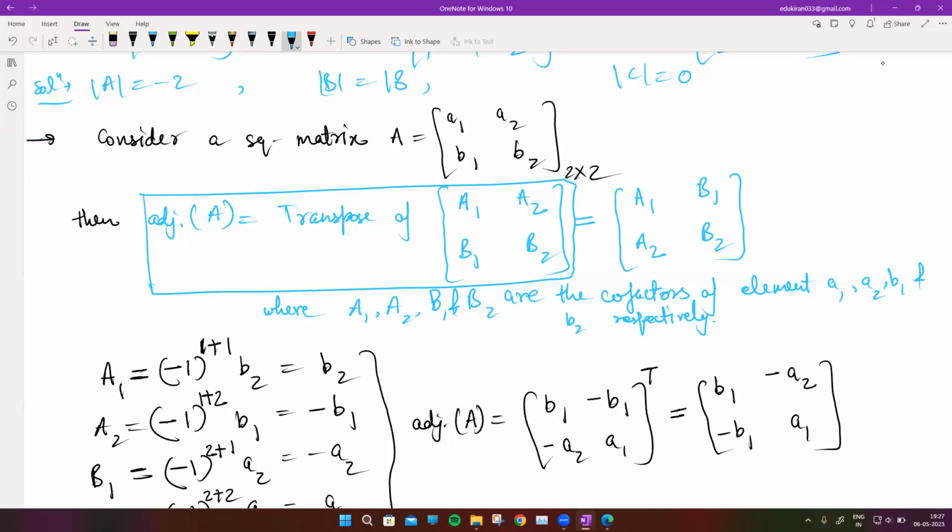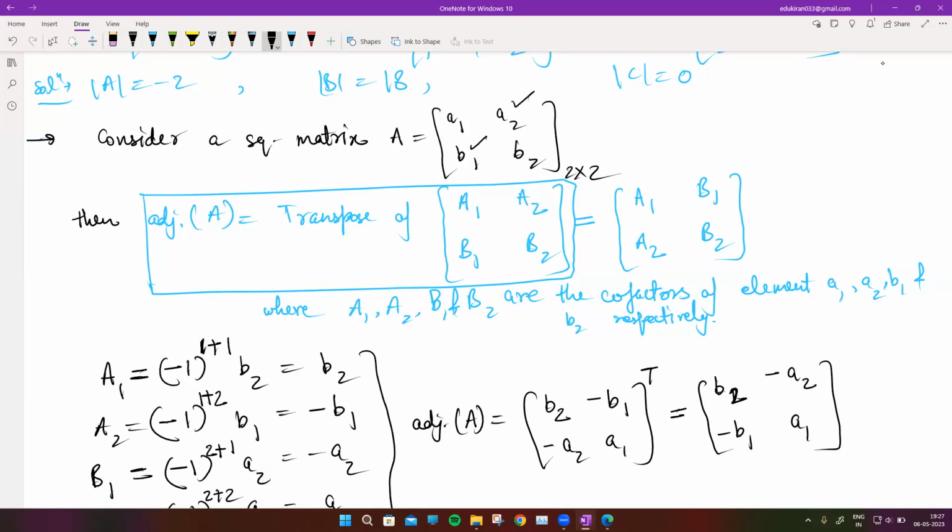Sorry, my bad. I think this was B2, first of all. I've written it wrong. This has to be B2. Yeah, so the final answer is this was A1, A2, B1, B2.